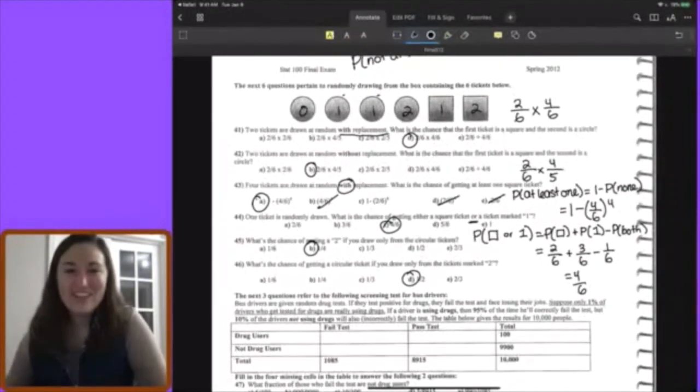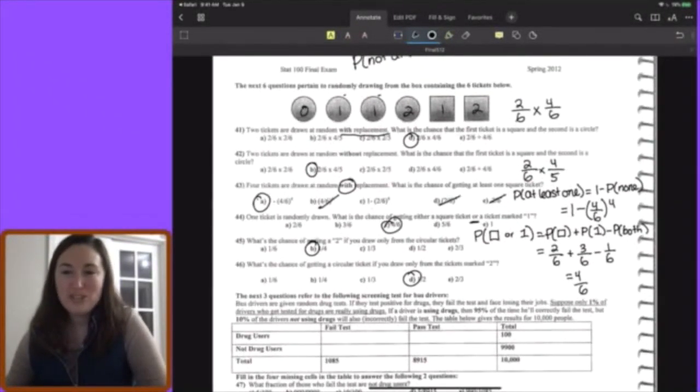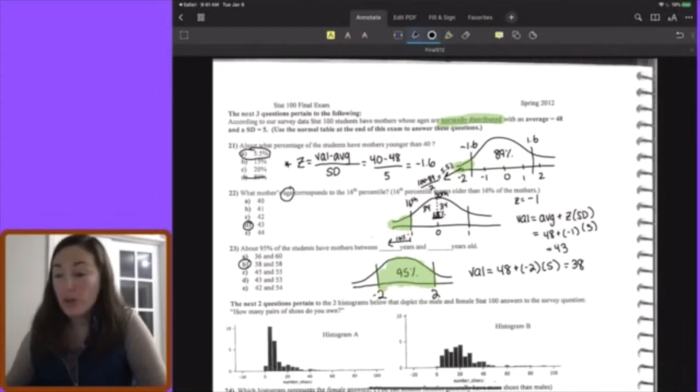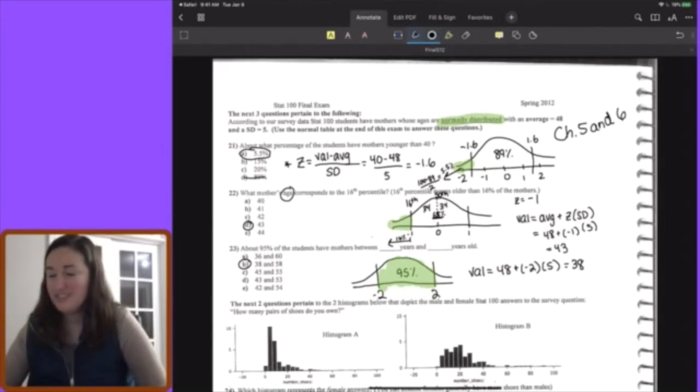Someone in the chat said, where can we get more questions for practice 21 through 23? Oh, the normal curve, chapter 5. Chapter 5 and 6, for the normal curve and percentiles. The homework on that, again, or exam 1.